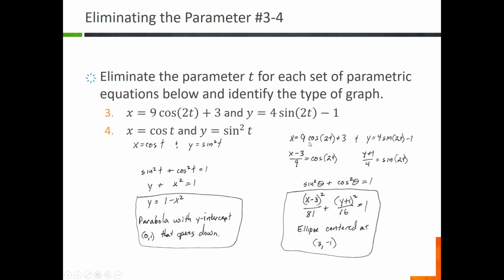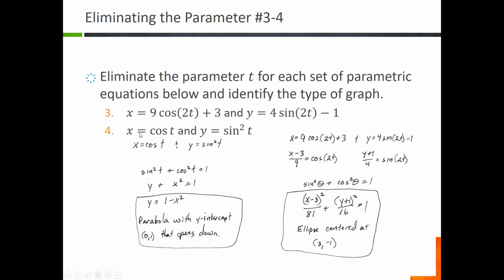So we can do the same thing: solve both of these for cosine and sine, and plug into the Pythagorean identity. We get x minus 3 quantity squared over 81 plus y plus 1 squared over 16 is equal to 1. We haven't talked about this yet, but this is an ellipse centered at the point 3, negative 1, and we'll talk more about ellipses in another week or two.